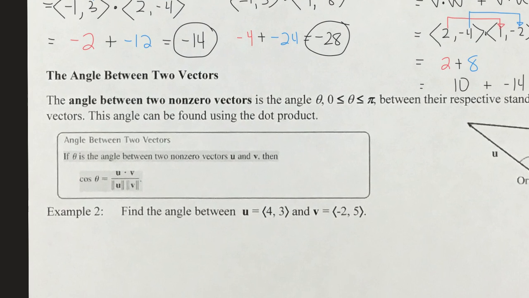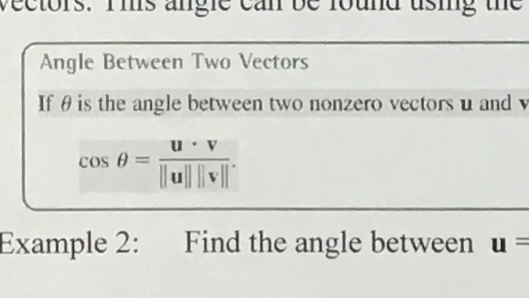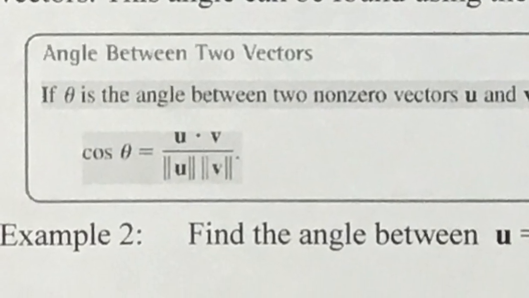And we're going to use the dot product to find the angle between two vectors. So notice here are the parts of how you find the angle between two vectors. The dot product is in the numerator, right? This is the dot product that we were just talking about. And both of these down here stand for the magnitude.